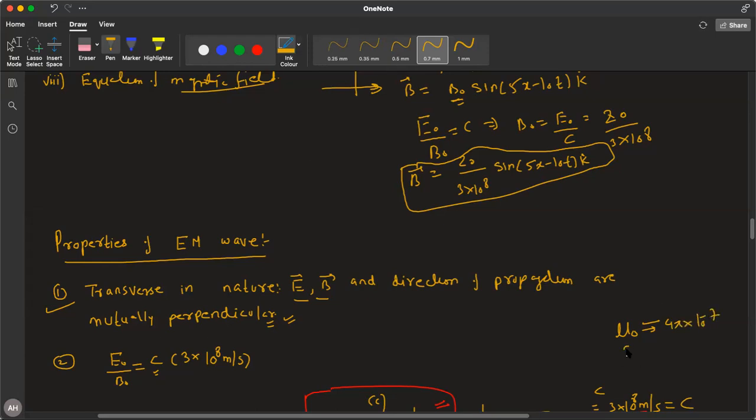And what is epsilon naught? Absolute permittivity of free space. And what was its value? Sania, do you remember the value of epsilon naught we did in electrostatics, Coulomb's law? Sania, I can't hear you. Your mic is not working properly.